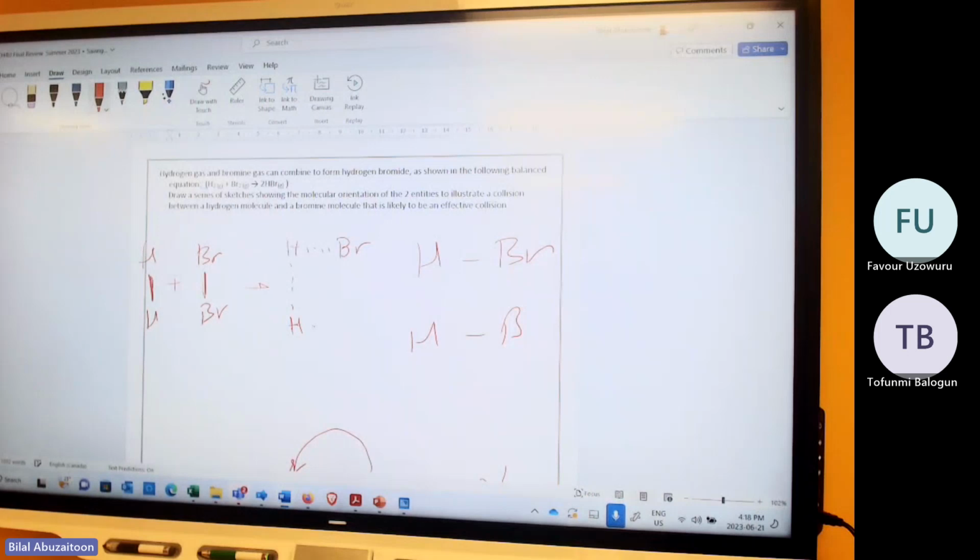And H with Br again and Br with Br. So these bonds are being broken, and the yellow ones are being formed.